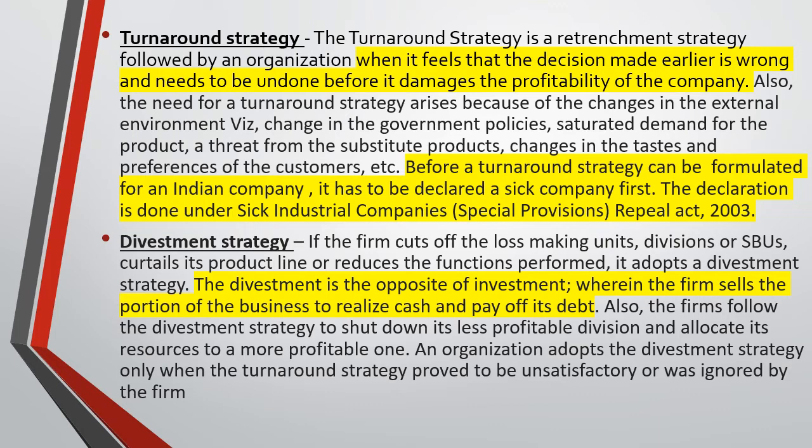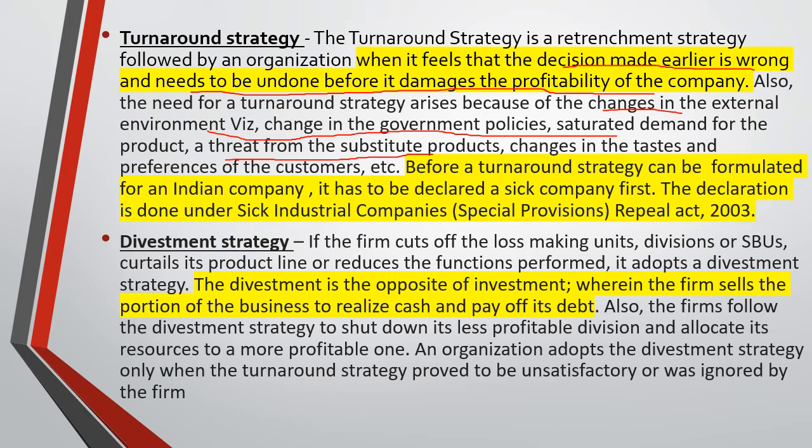At first, the turnaround strategy. It is used when the firm feels that a decision made earlier is wrong and needs to be undone before it damages the profitability of the company. Also, the turnaround strategy arises because of changes in the external environment, like changes in government policies, saturated demand for a product, a threat from substitute products, and changes in taste and preference of customers.